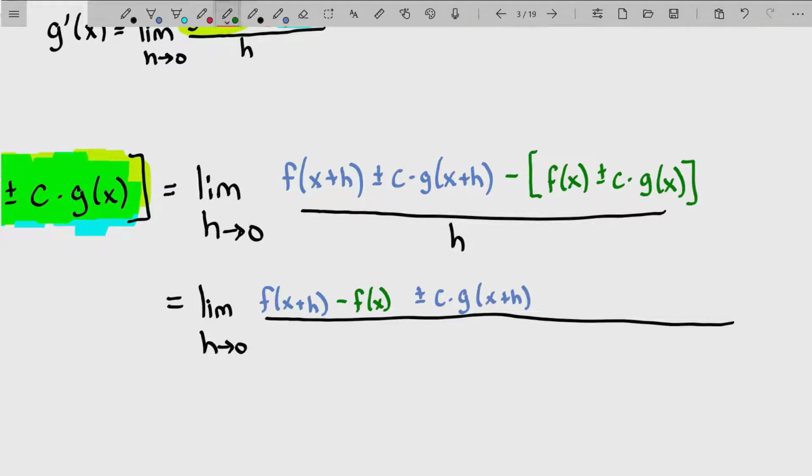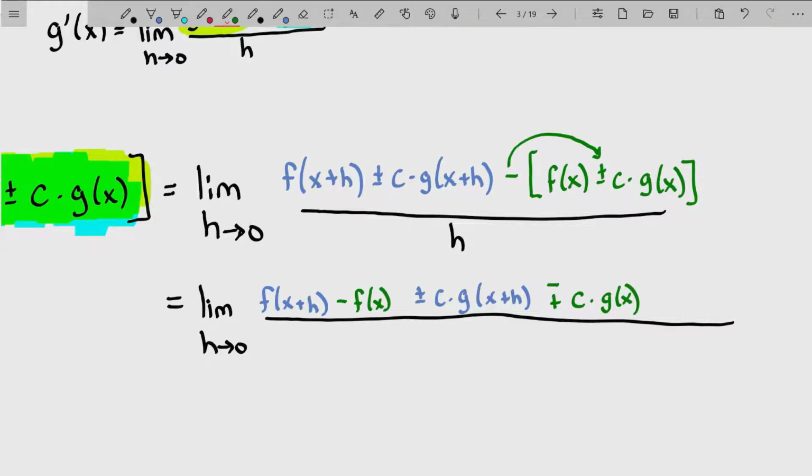And I'm going to grab the distributed minus times that picture. Now, here's the deal. If I multiply the negative and the positive together, I will get a minus. If I multiply the negative and negative together, I get a plus. And then I still have a c times g of x.